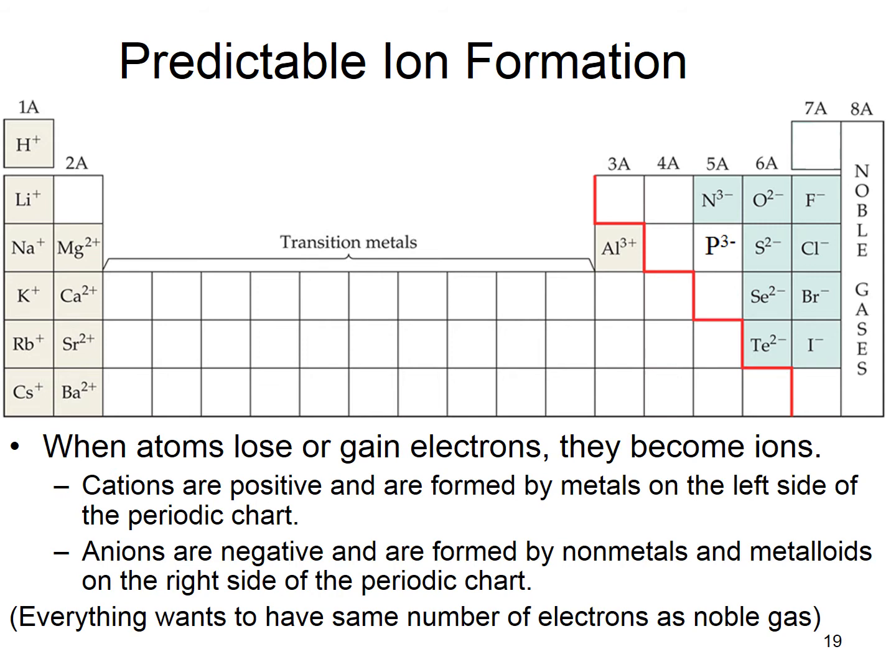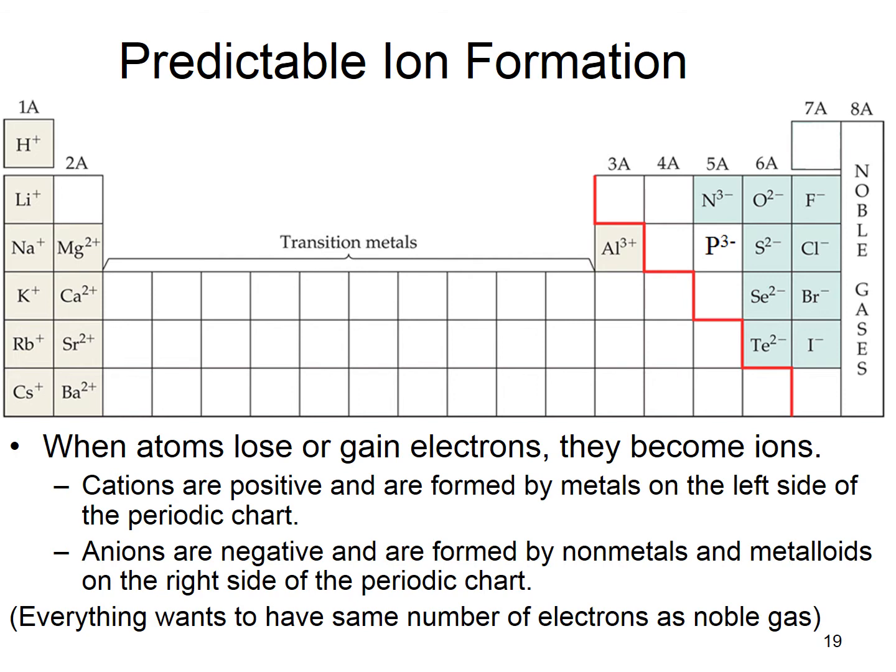Okay. On the right side of the chart, we have anions, which are nonmetals, which form negative charges to get their full valence shell. Now, ignore the transition metals for now. We'll talk about them later. And there are several things that sometimes form charges, but group 4A never forms a positive or negative charge.